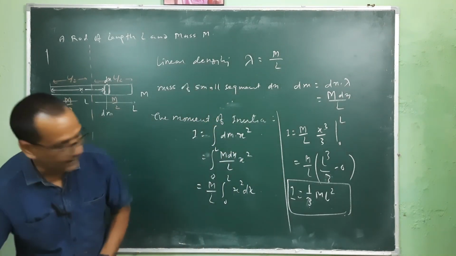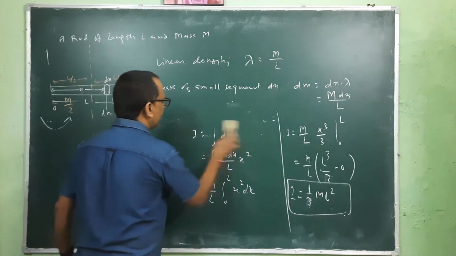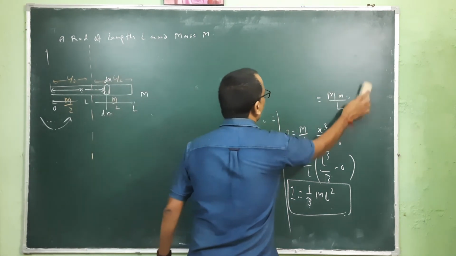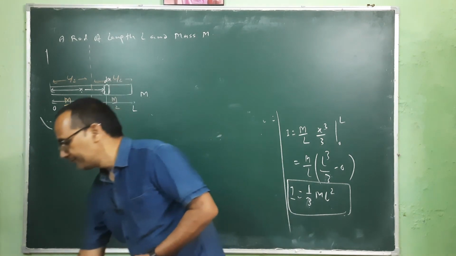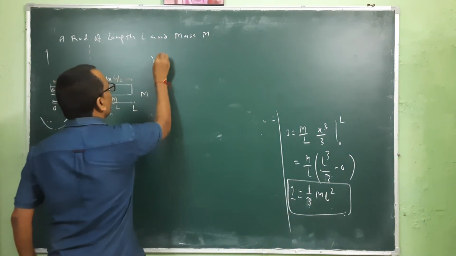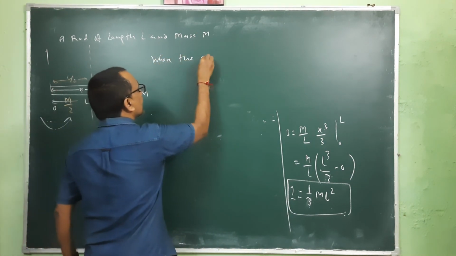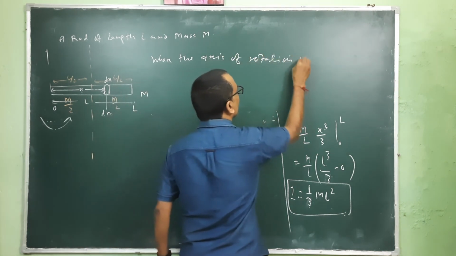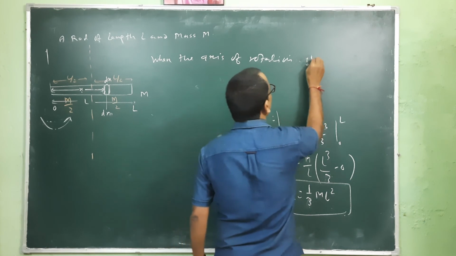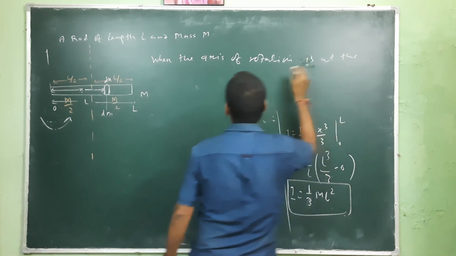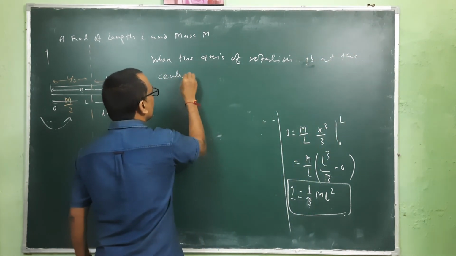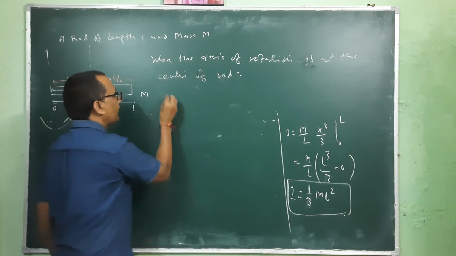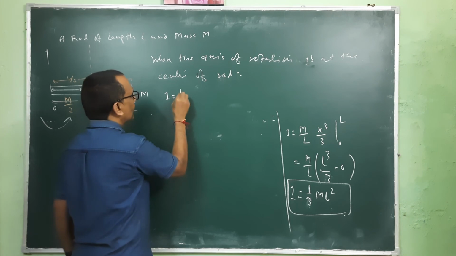So the case is when the axis of rotation is at the center of the rod, then the moment of inertia I is equal to 1 by 3.